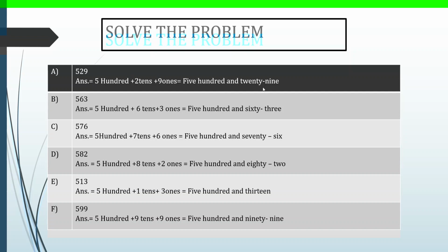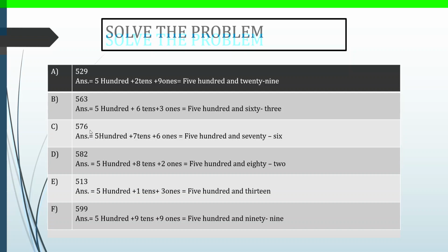The next number, you can read the number: 563. 500 plus 6 tens plus 3 ones is equal to 563.